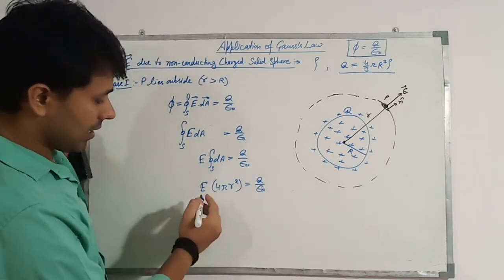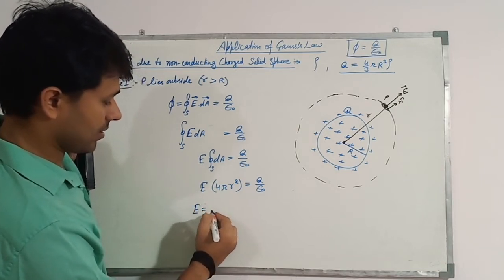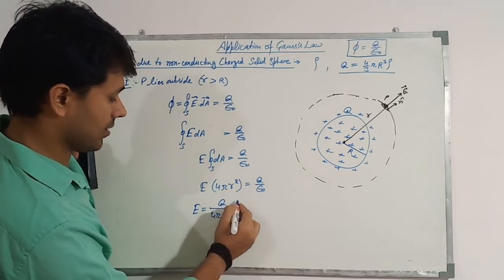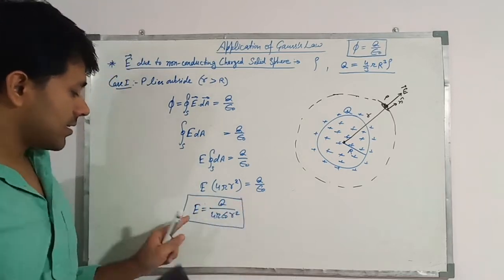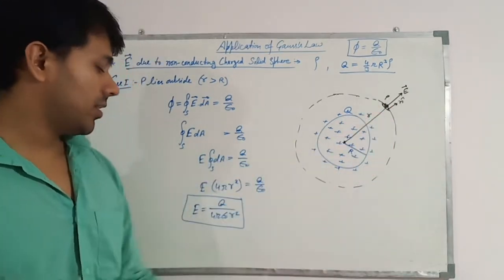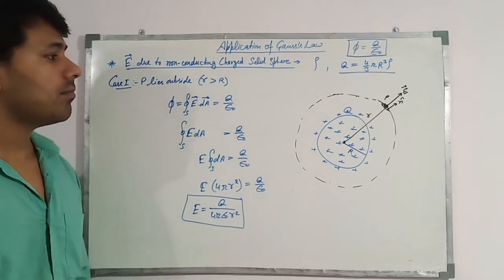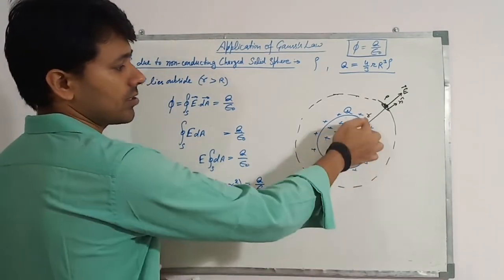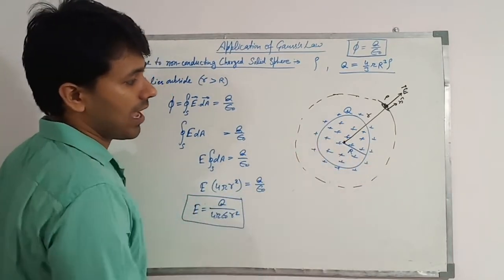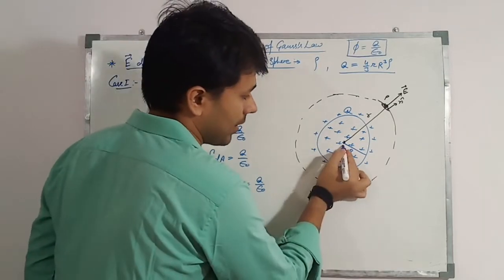That's why the electric field is E equals Q upon 4 pi epsilon naught r square. This electric field due to the solid sphere at point P is equivalent to the field due to a point charge, which means the whole charge on the solid sphere behaves as if it is concentrated at the point O.